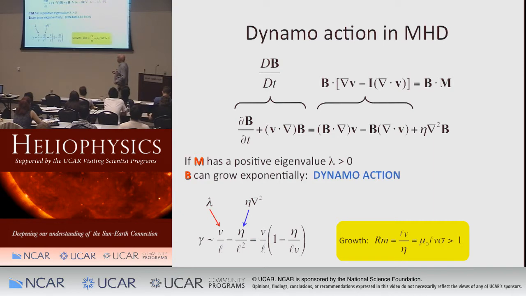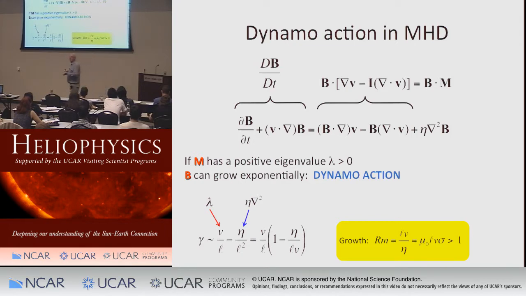So gamma is just v over L times (1 minus eta over LV). Okay? So no matter how complicated this fluid is, in the end, I'm going to get exponential growth, provided my eigenvalue is positive, and this combination LV over eta, which is really mu naught LV sigma, is greater than 1.